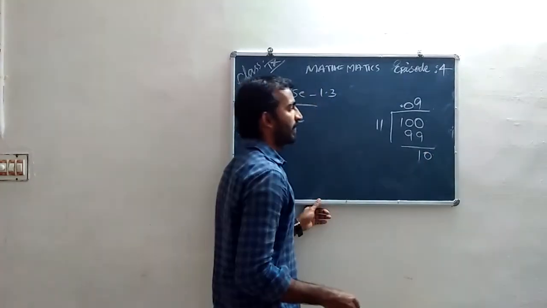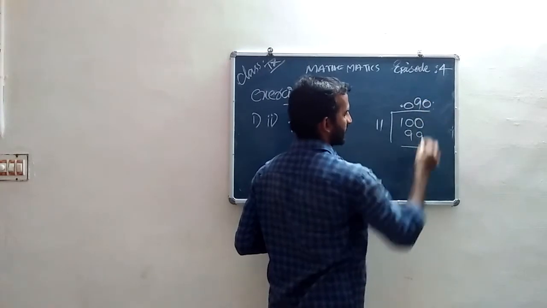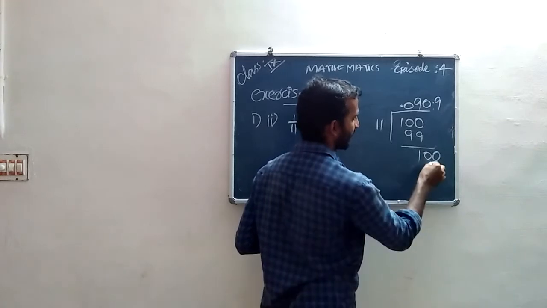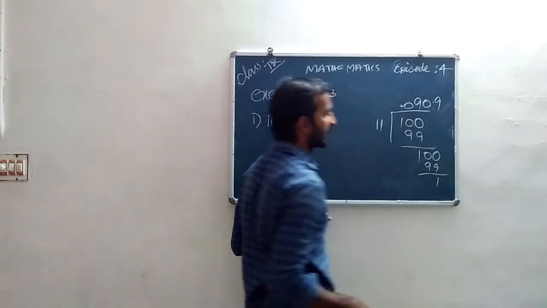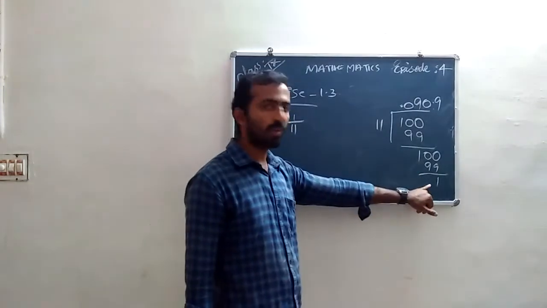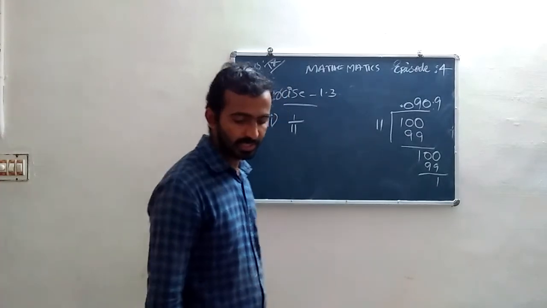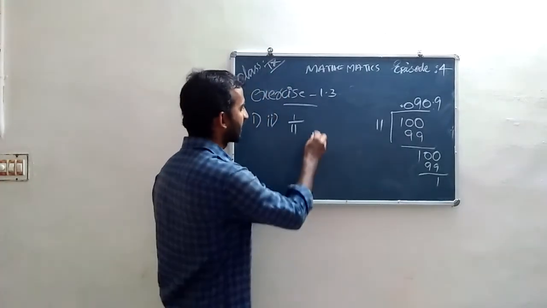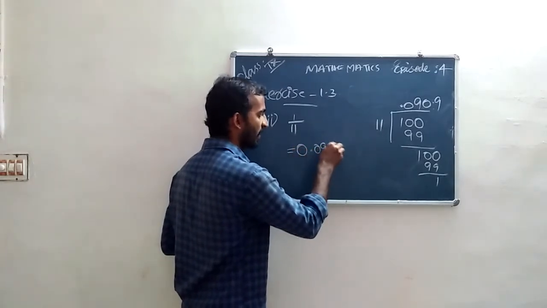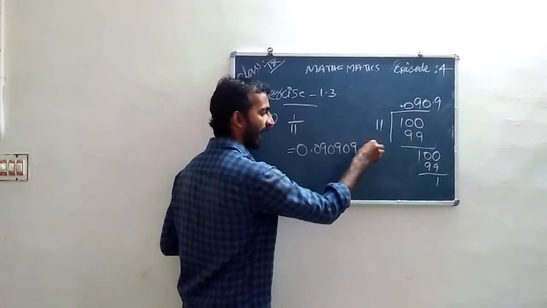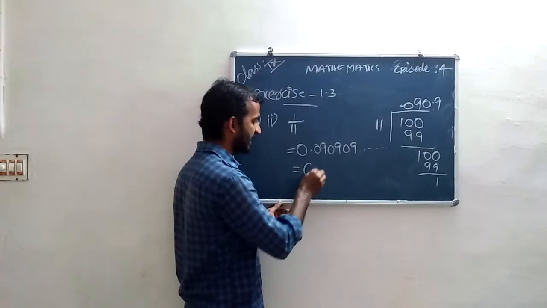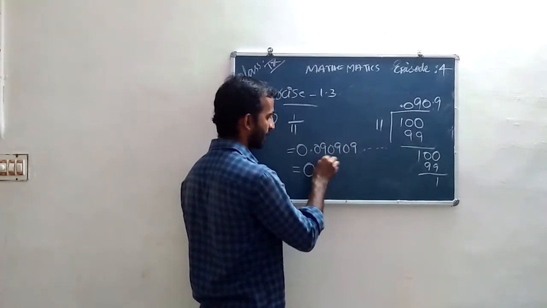Adding another 0, we again get 9. This is repeating. The remainder 1 is repeating. So the decimal expansion is 0.090909 etc. The digits 09 are repeating, so we can write 0.09 with a bar.